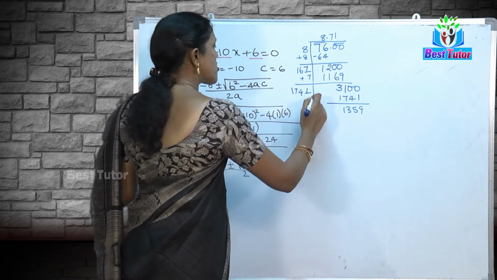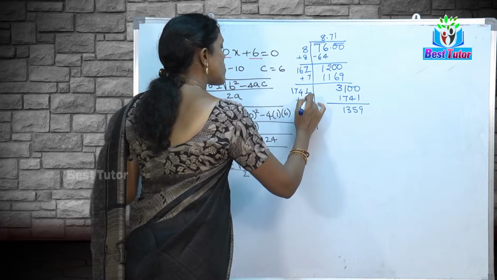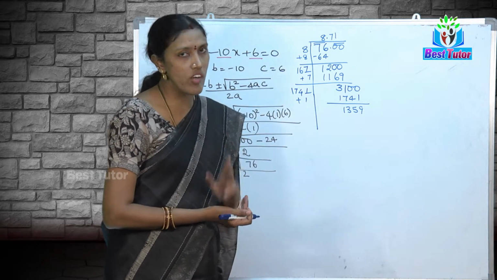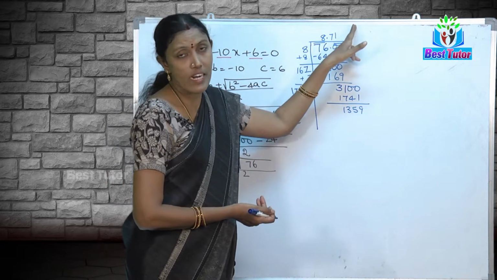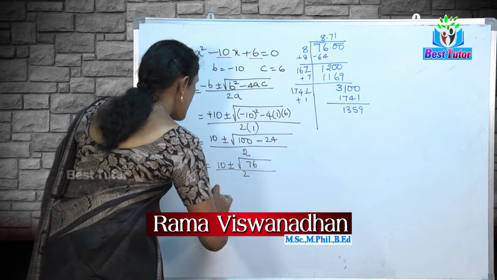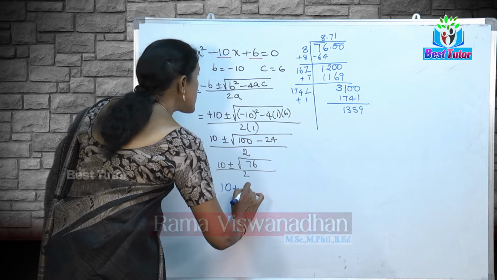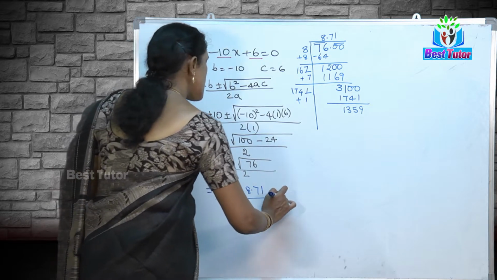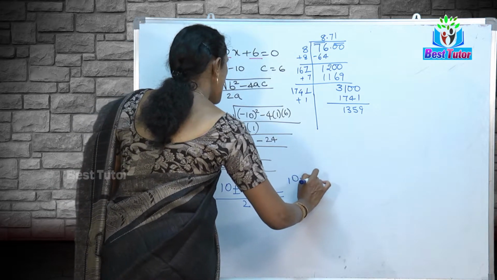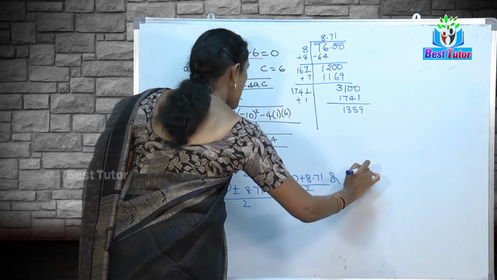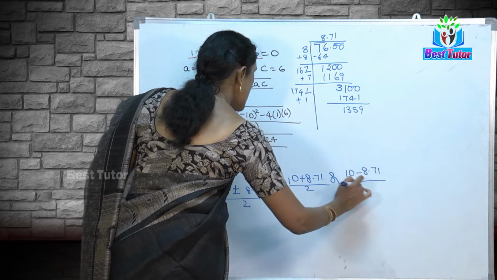We have got till 2 decimal places. Actually, if in the question it is given, find the solution till 2 decimal places, we need to continue this for 3 decimal places and round it off. Here I am stopping it. It's going to be 10 plus or minus 8.71 by 2, which is going to be 10 plus 8.71 by 2, or 10 minus 8.71 by 2.